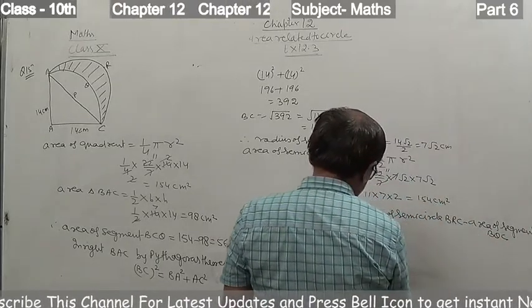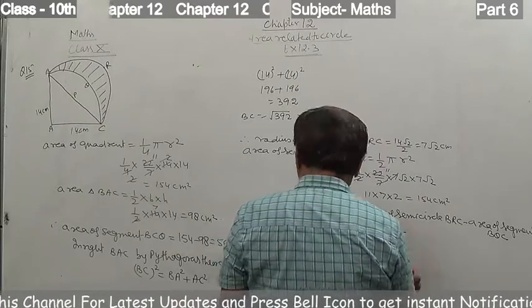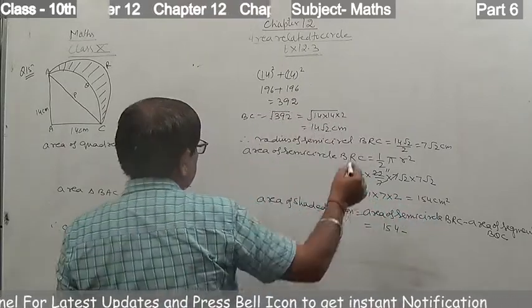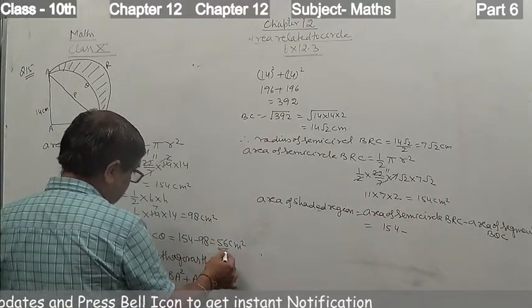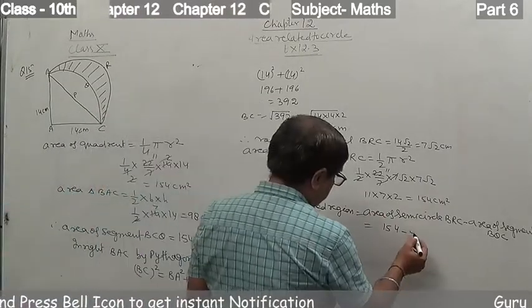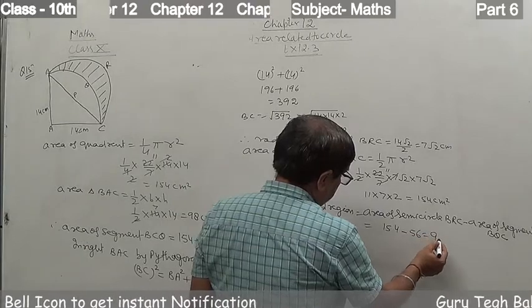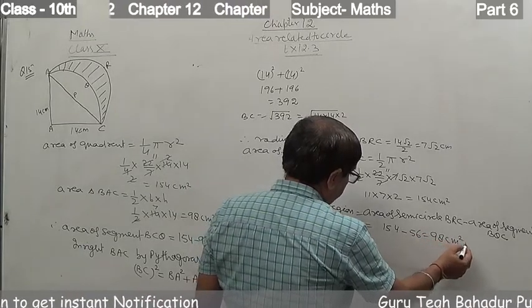So it is 154, BQC is here 56. So it is 98 centimeter square.